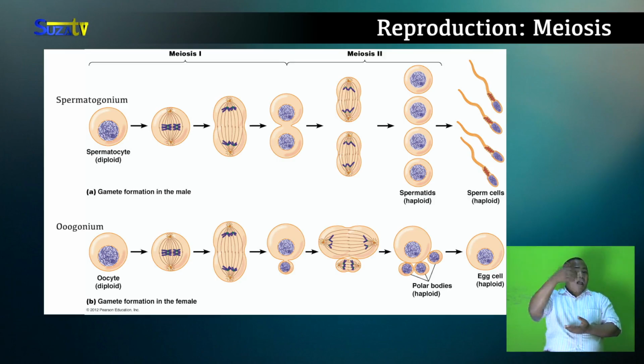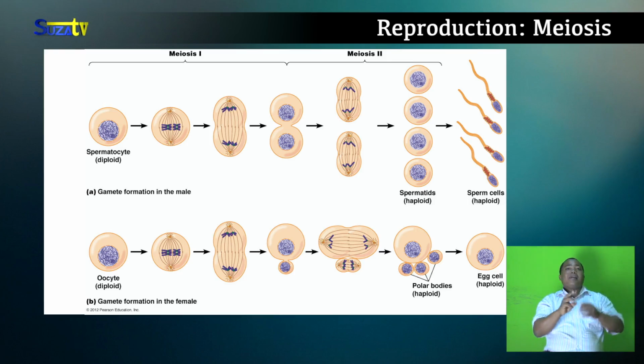After viewing the spermatogonium, now is the time for the oogonium. The oogonium undergoes maturation to form primary oocytes with the diploid number of chromosomes. The primary oocyte enters the first meiotic division to form 1 secondary oocyte and 1 polar body.